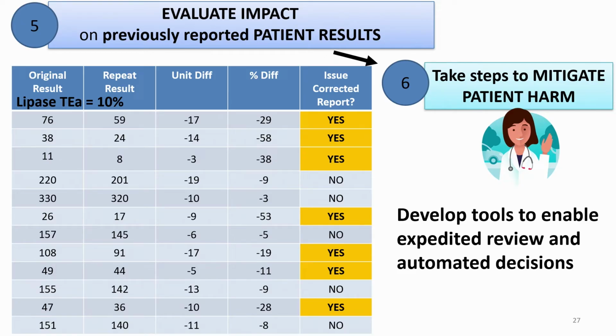So if the difference exceeds 10%, then there's a little script that instructs the tech, yes, please issue a corrected report. If the error does not exceed the allowable error, the script says, no, do not issue a corrected report. So this can be used in the middle of the night. They don't have to call anybody, and it allows expedited review and automated decision-making for when a corrected report is needed. But the whole key to this, we'll take some questions at the end.